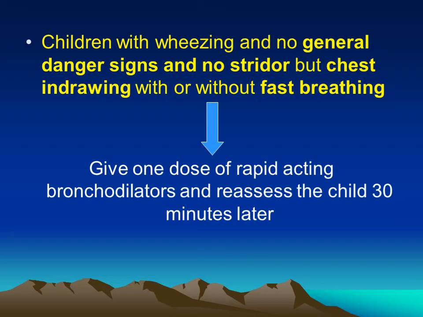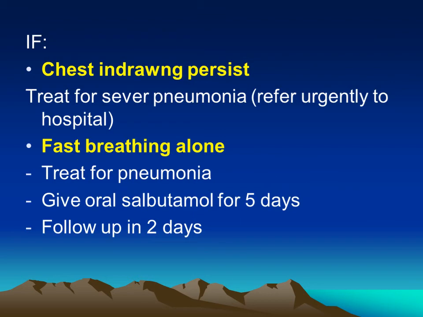If after treatment of wheeze the patient still has persistent chest indrawing, he still has severe pneumonia and should be referred to the hospital. So in patients with chest indrawing plus wheeze, we treat the wheeze and wait for 30 minutes for reassessment. If the chest indrawing is improving, we treat him as pneumonia. If he has persistent chest indrawing, we refer to the hospital.